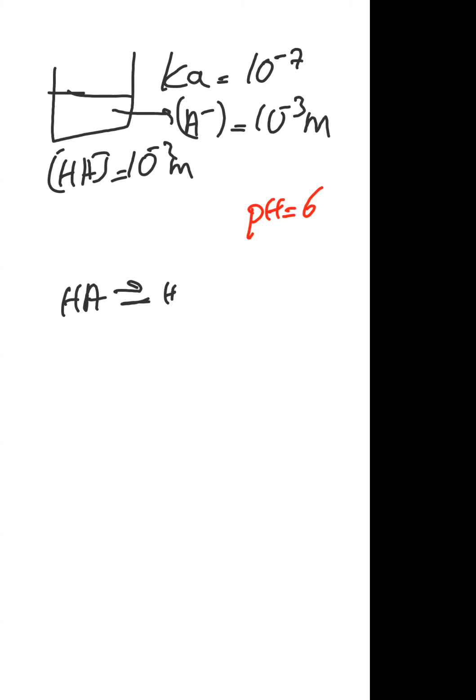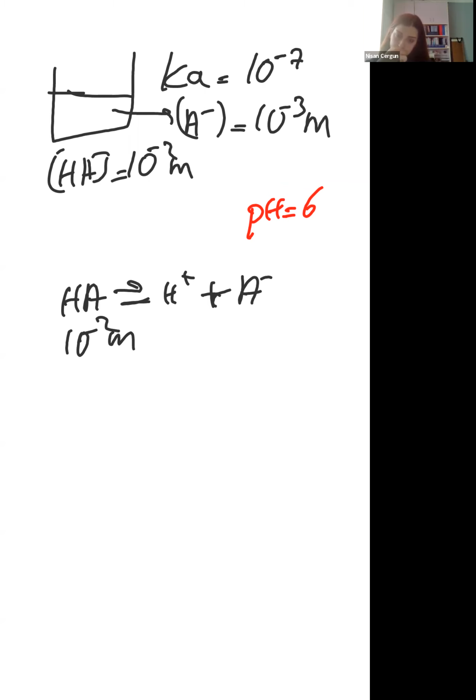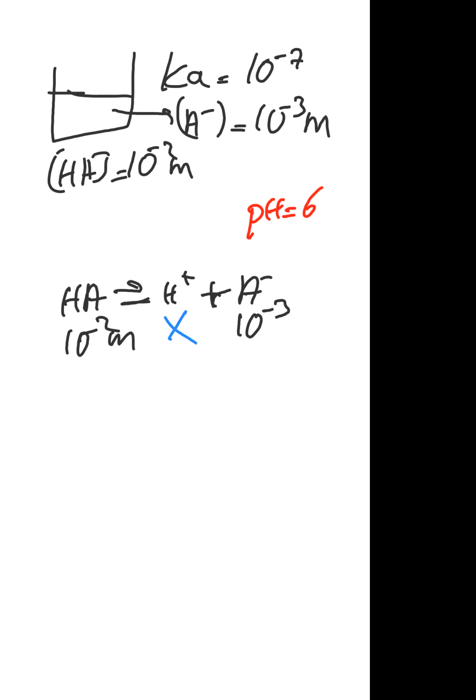This is H plus and A minus. Then we have 10 to minus 2 for HA. A minus we have as 10 to minus 3. And what's the concentration of hydrogen plus? It will turn into 10 to minus 6, but for now, it's X. X is the unknown in the table.